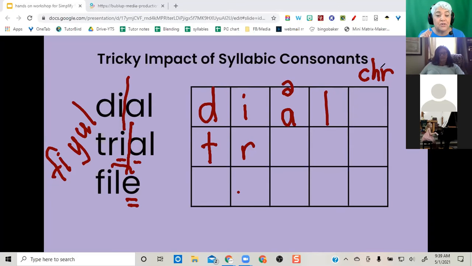If you hear ch, r, and where you are, everybody says ch, r, you just say, you know what? In this case, we're spelling it with a t. That ch sound is spelled with a t. And r, I, o. That schwa sound again, we're spelling it with an A. And then the l.